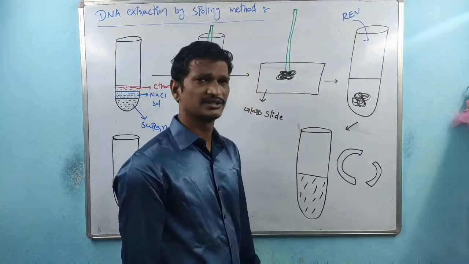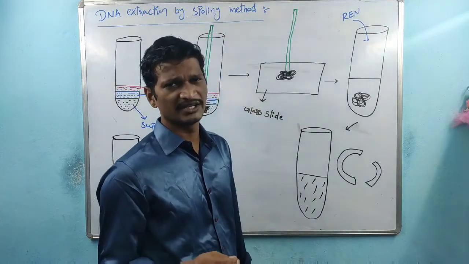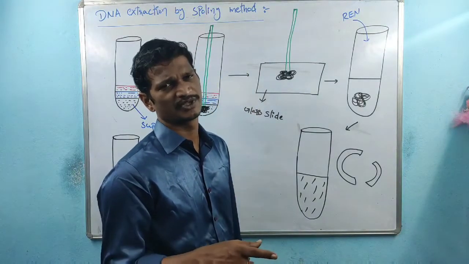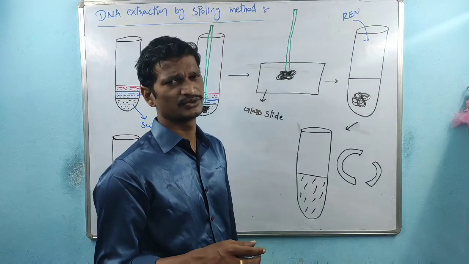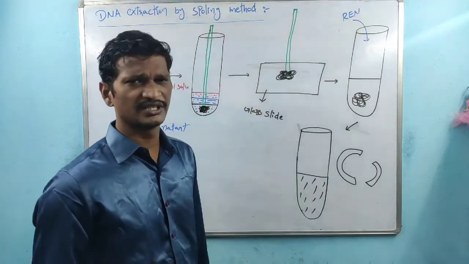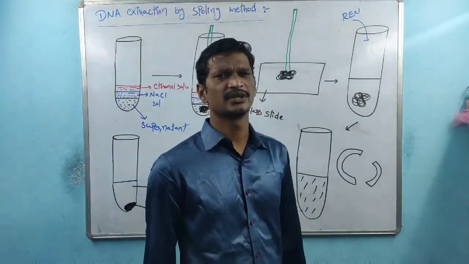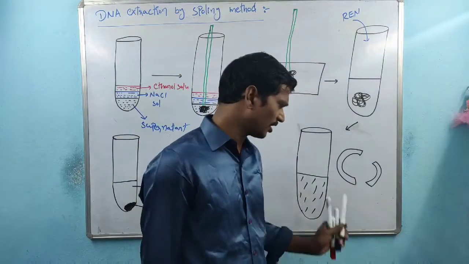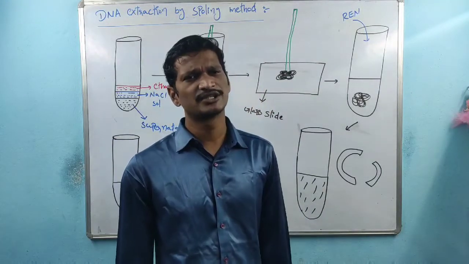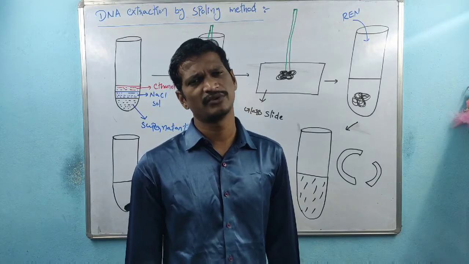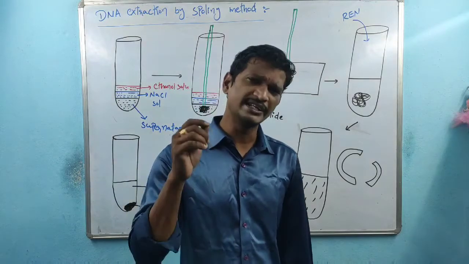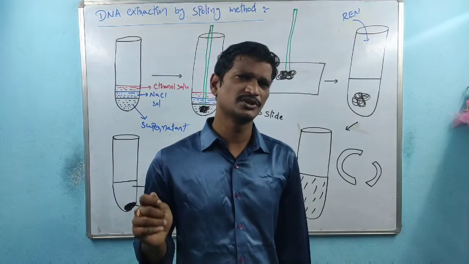In those fragments, sir, how can we isolate the insulin-producing gene? Because we can't see the DNA, we can't see the fragments, we can't see the DNA sequence. How can we isolate, or how can we identify, the insulin-producing gene?